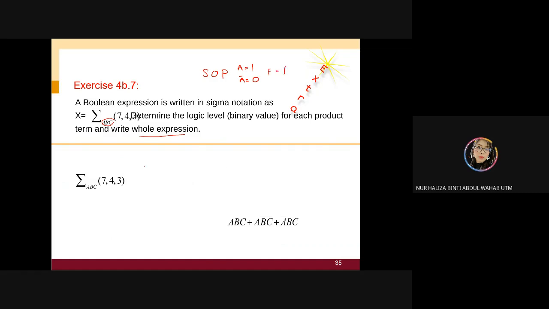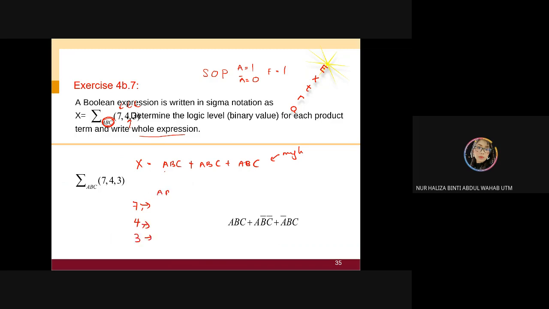And over here you have X equal to A, B, C plus A, B, C plus A, B, C. You have 3 variables here and 3 conditions to get 1. But you need to check the answer inside each of these. You have 7, 4, and 3.